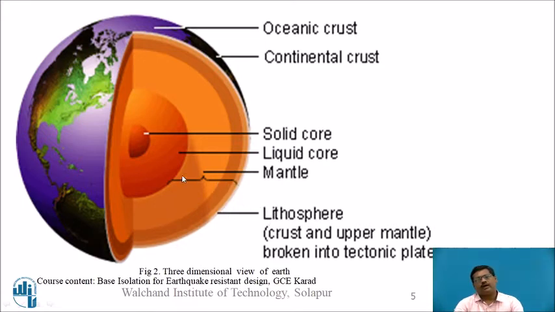This total layer after the crust is known as mantle. So upper mantle, lower mantle, the differentiation is based on the temperature, pressure of that material, and even the density of the material in the mantle. Next is the liquid outer core, and this liquid outer core, if you observe, has magma lava, and the next central portion is the inner core.